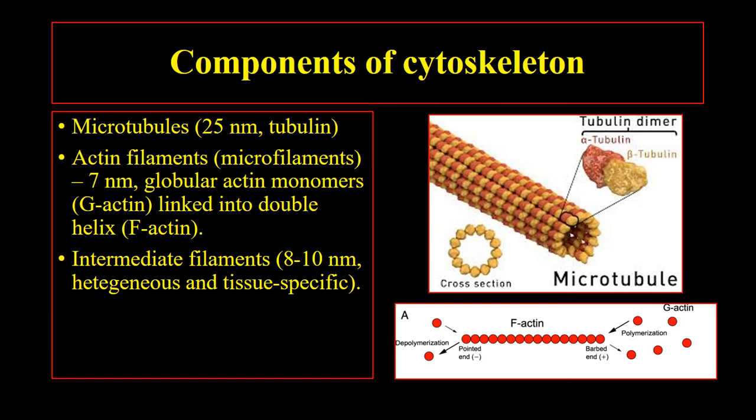So, there are different types of components of the cytoskeleton. First, it is the microtubules. Microtubules most commonly comprise 13 protofilaments that in turn are polymers of alpha and beta tubulin. Two monomers of alpha and beta tubulin form tubulin dimers.